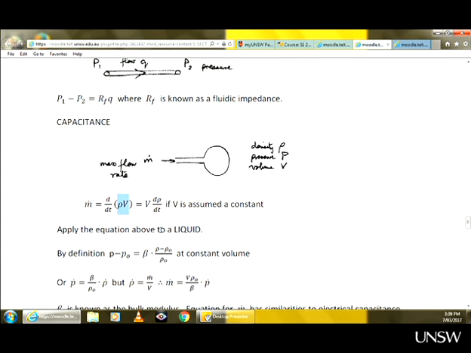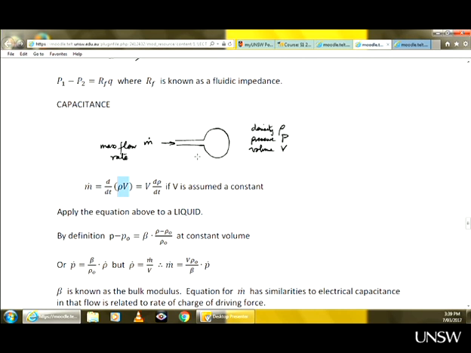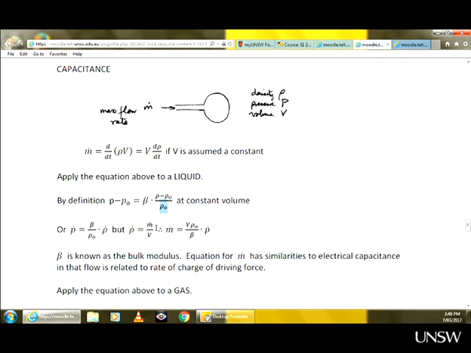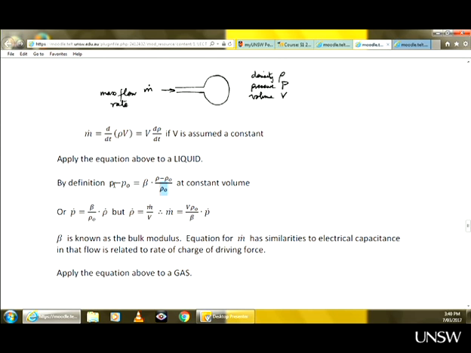Now, if this fluid is a liquid, then what you can write is that the pressure difference, so P minus P naught, whatever the initial pressure was, will be equal to beta times rho minus rho naught over rho naught, so the relative change of density. This is a discrete form, or in the differential form, P dot will be equal to beta over rho naught times rho dot.